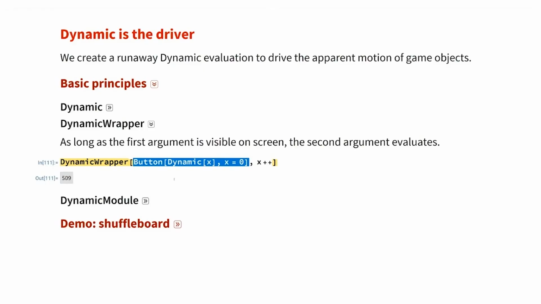The other thing this is demonstrating is a runaway dynamic, which is usually something you want to avoid in an interface, but I'm going to actually use it to my advantage. By runaway, I mean this symbol x gets updated, which then triggers the system, which realizes it's updated, so it needs to reevaluate the entire payload, et cetera, and just does it indefinitely.